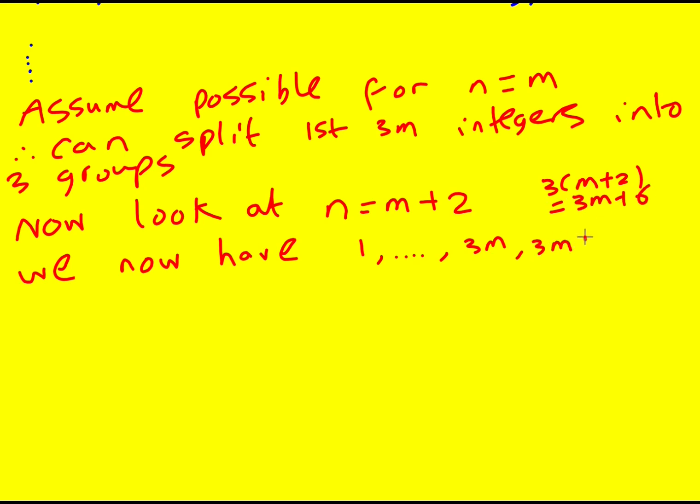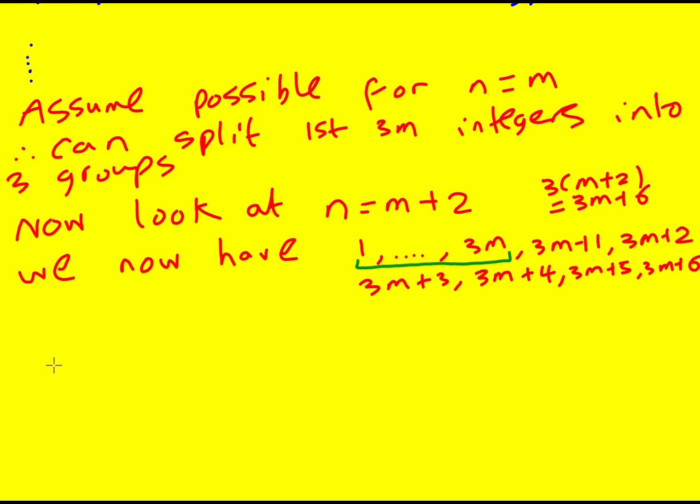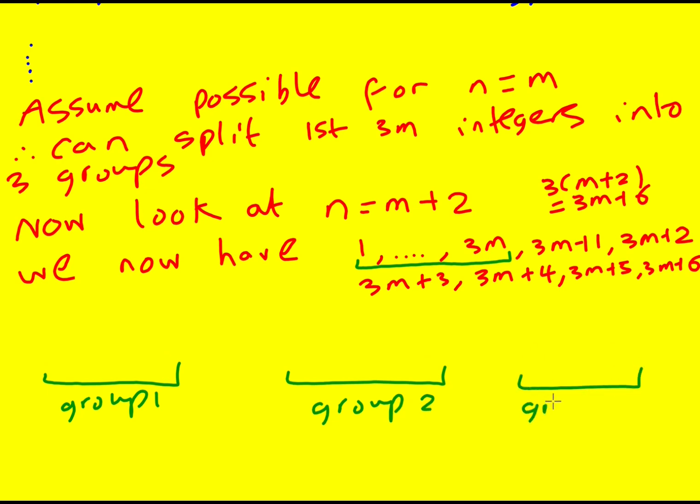So we also have 3m plus 1, 3m plus 2, plus 3, plus 4, plus 5, and plus 6. So what I'm saying is that we can definitely put these into three groups. And so let's just say I've got my group 1 here, group 2, group 3.